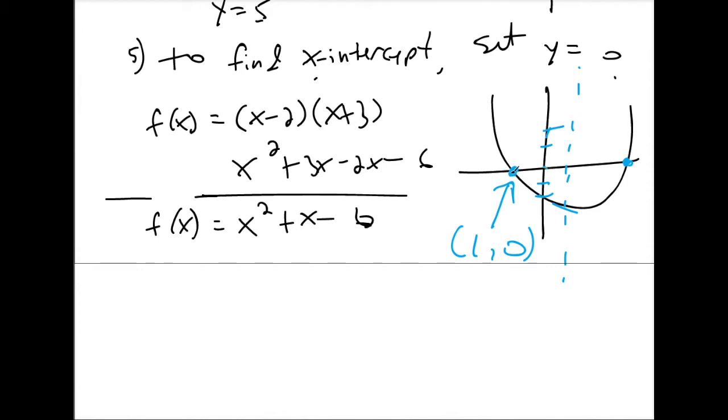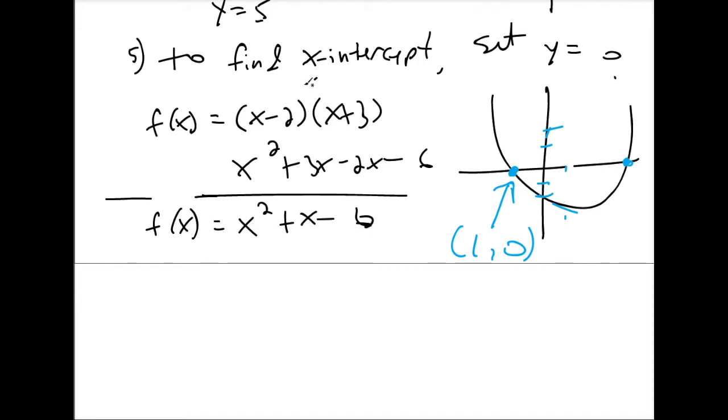What's the y value right here? 0. So the opposite thing you're looking for is equal to 0. If you're finding the x-intercept, what do you set equal to 0? Y.